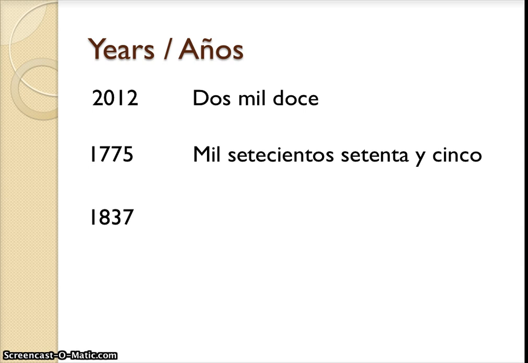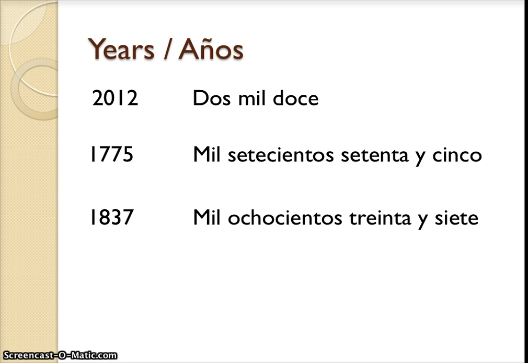1837. Start with our thousands, mil, then our hundreds, ochocientos treinta y siete. This is one of the reasons why I am encouraging you to actually learn your numbers, because when you reach trying to say years, you need to know how to say all of these numbers, and then you just mush them all together.